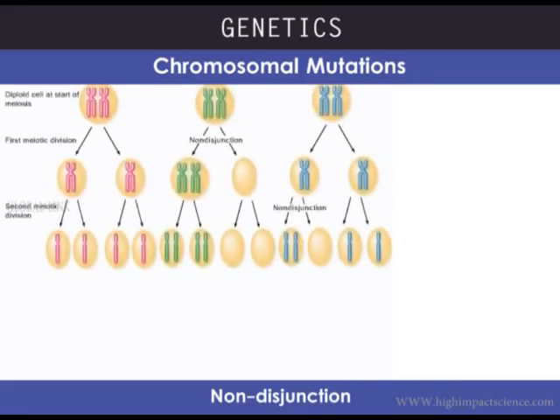In short, non-disjunction produces an abnormal number of chromosomes in a diploid cell. It may occur during meiosis I or meiosis II.